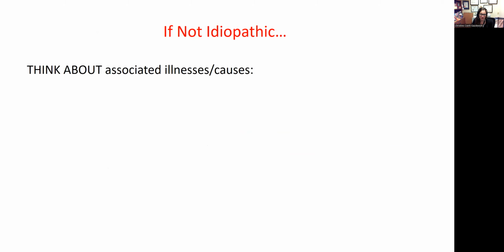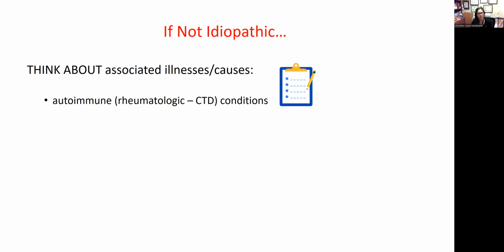So always look for whether this is a secondary case and whether there's an underlying driver illness, because treating the root cause or identifying an additional pathology that someone else may have missed may benefit your patient.